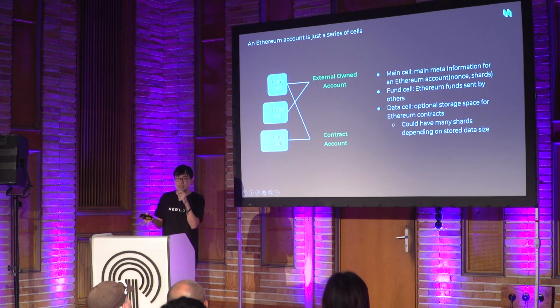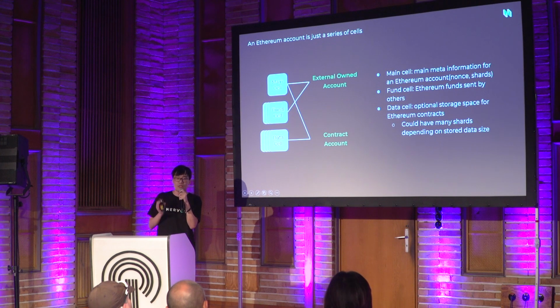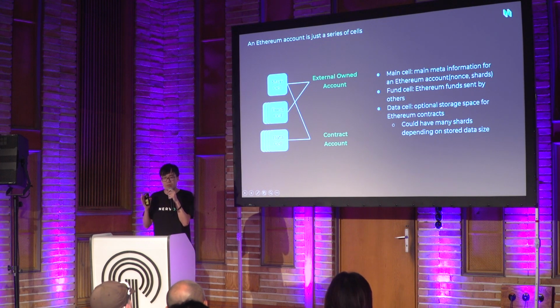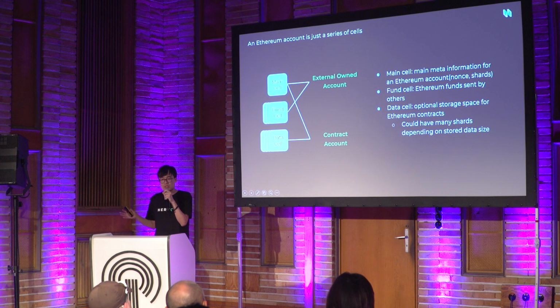What a fund cell means is funds sent by someone else to you. So suppose Alice wants to send Bob 100 Ether. What Alice does is that she just creates a new fund cell containing 100 Ether for Bob. When this transaction lands on CKB, Polyjuice will automatically recognize this and show that Bob's account has 100 Ether incurred.